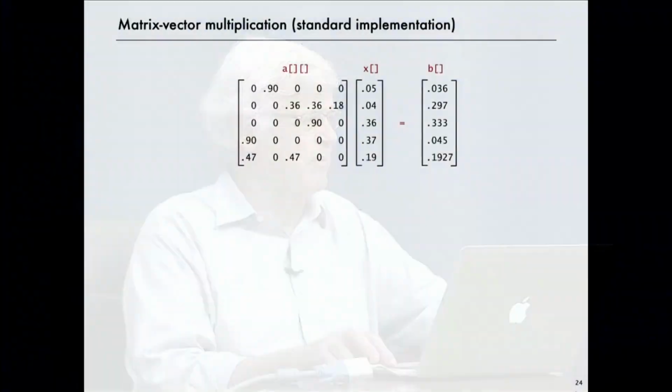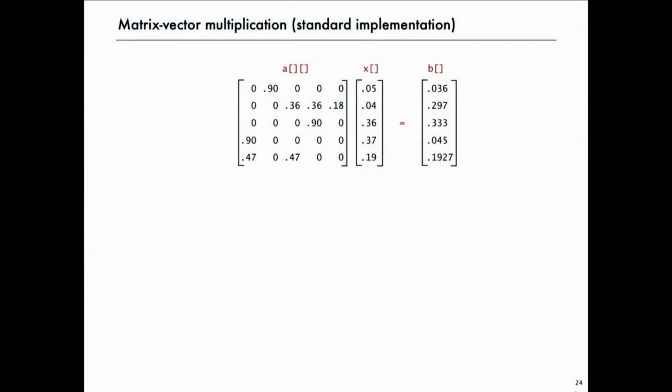As a final example of a symbol table client, we'll take a look at a mathematical application where we want to implement sparse vectors and matrices. So this is standard matrix vector multiplication that you learn in math, where we have a square matrix and a column vector, and we want to do a dot product of the first row with the column vector to get the first entry in the result.